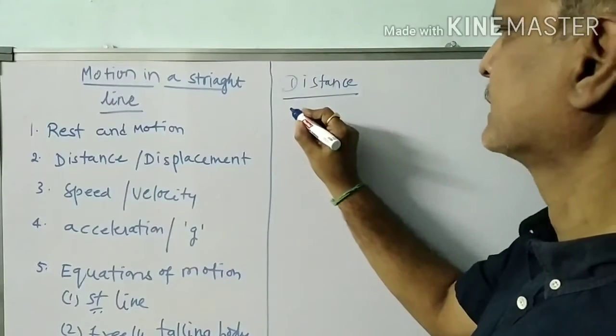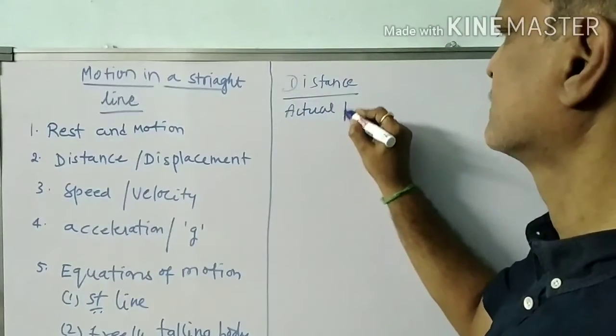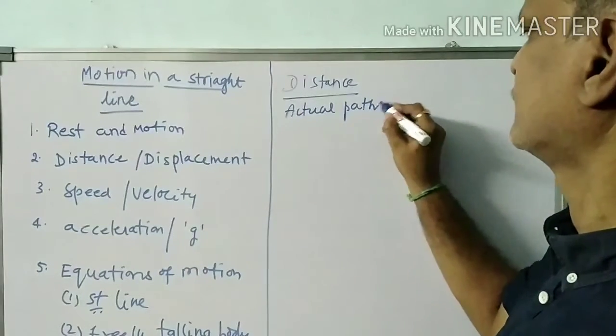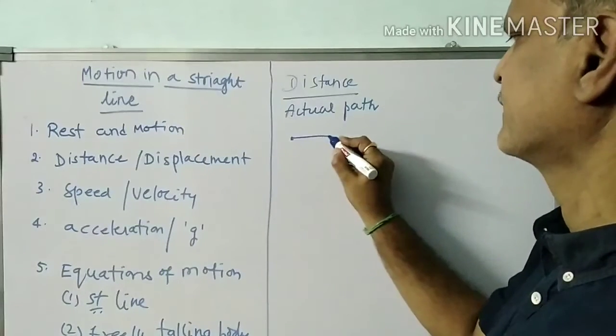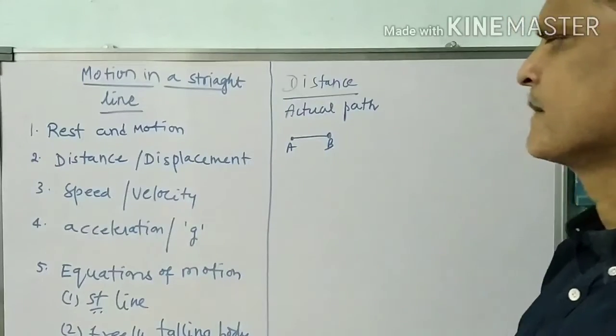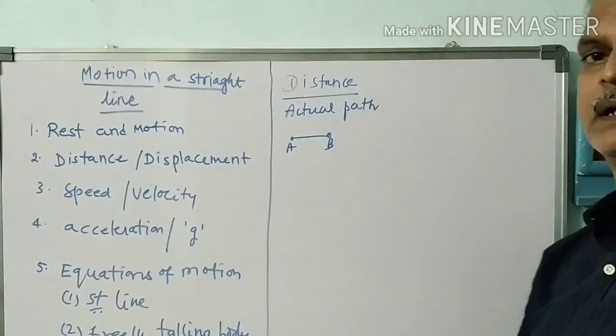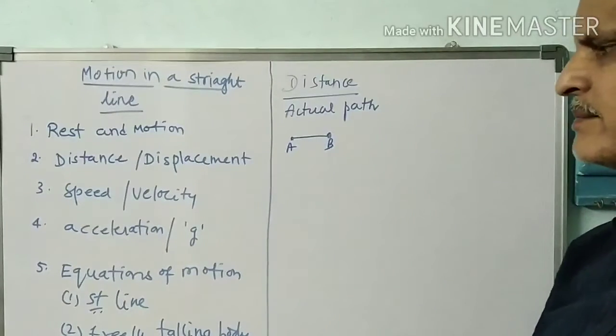So a body starts from A and reaches B. Then the actual path covered by the body is called distance.